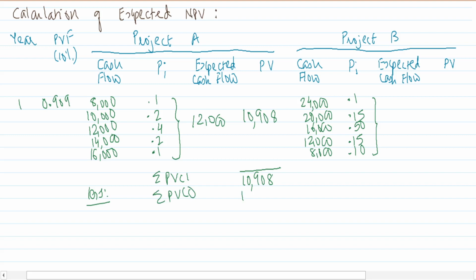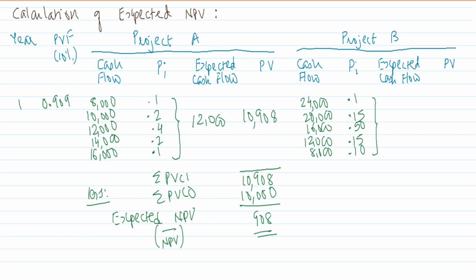The project is costing you 10,000. The difference is 908. This is expected NPV. You can also call this bar NPV, right? Expected cash flow, you can say as bar cash flow, similarly bar NPV over here.